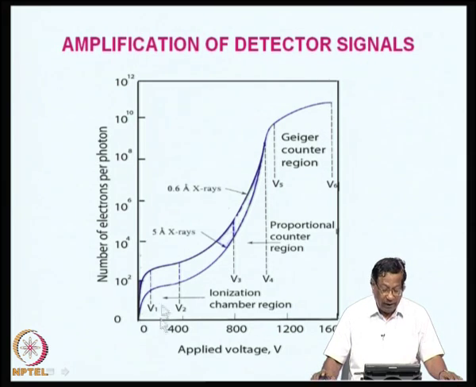If you look at the applied voltage, it varies from 0 to 1600 and the number of electrons per photon has been plotted here. You can see that there are three distinct regions, V1 and V2, V3 and V4, and V5 and V6.